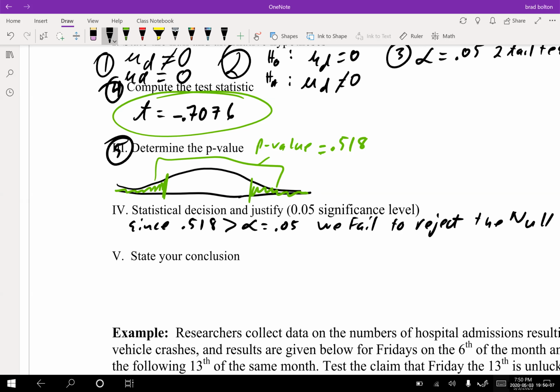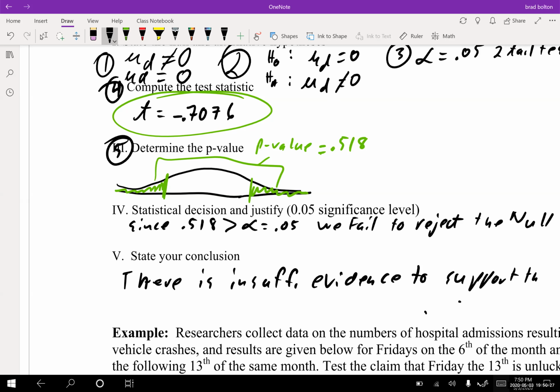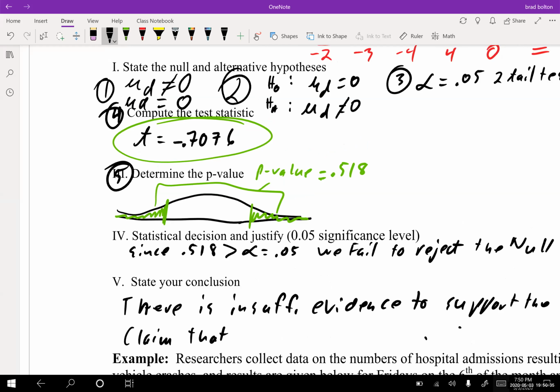So our conclusion is there is insufficient evidence to support the claim that, and then let's see what the claim was.